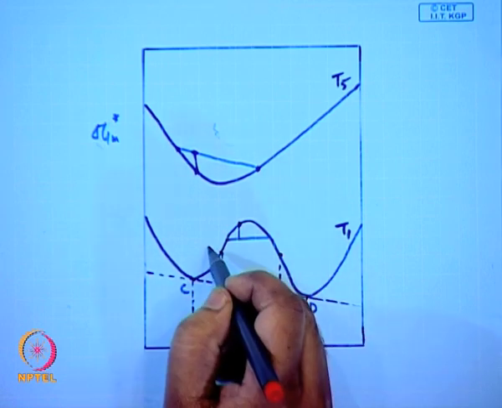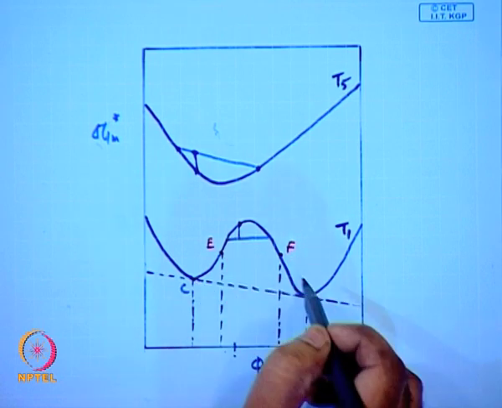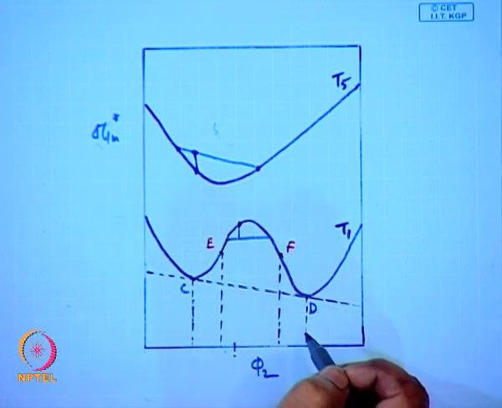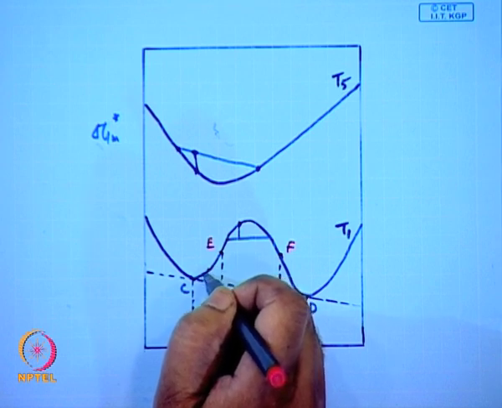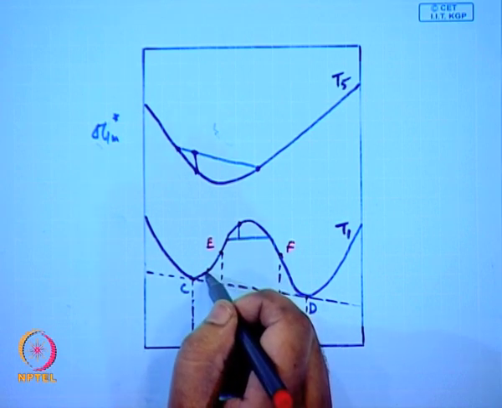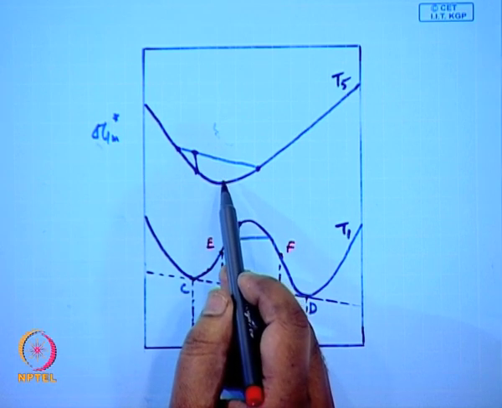So this is E, F. So any point between C and E and F and D. Now, if this has to phase separate with slight changes in the composition, say this point and this point, it will be similar to this curve.